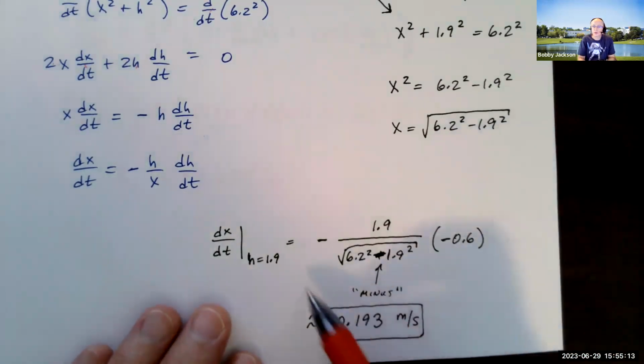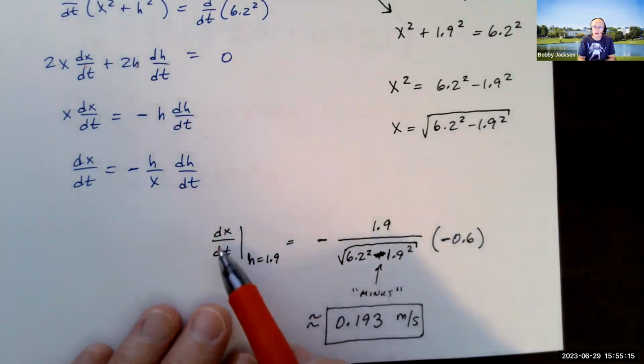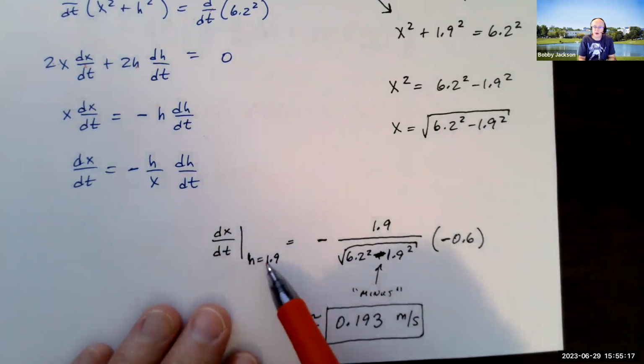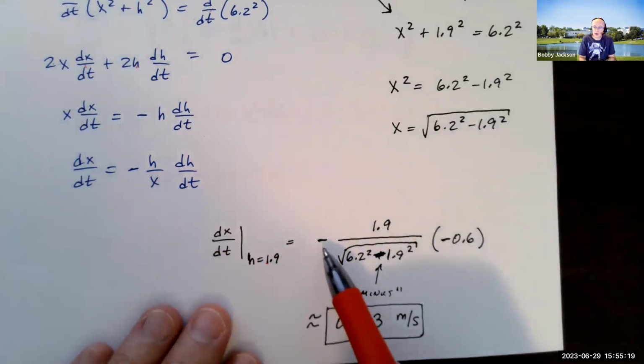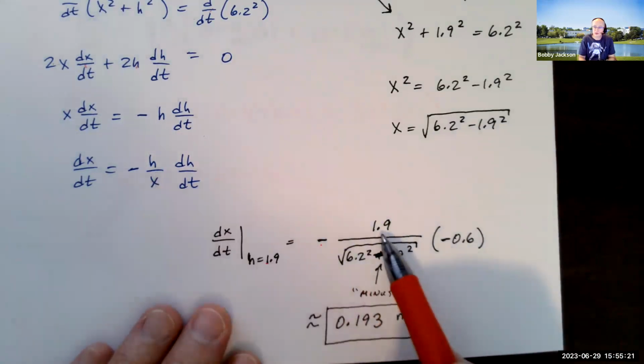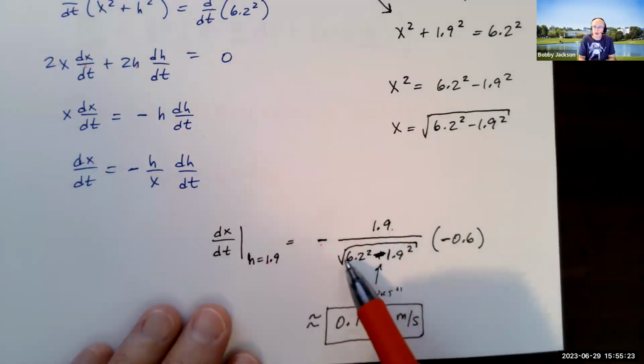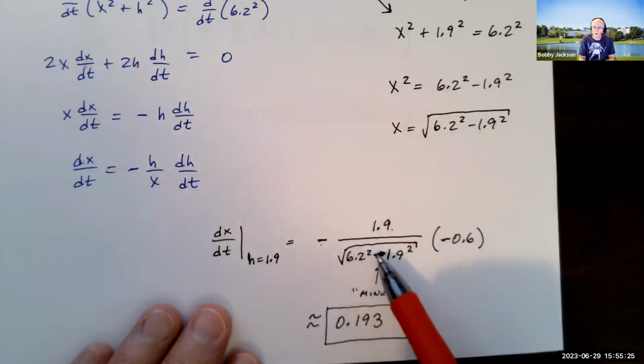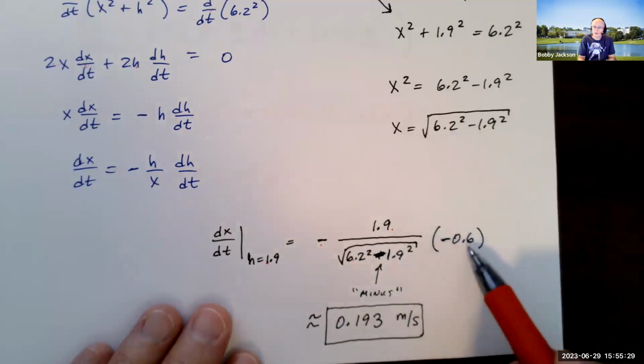And so let's plug in. dx/dt when h is 1.9. Don't forget we've got a minus sign here. h is 1.9, x we said was the square root of 6.2 squared minus 1.9 squared, times dh/dt, which remember was negative 0.6.